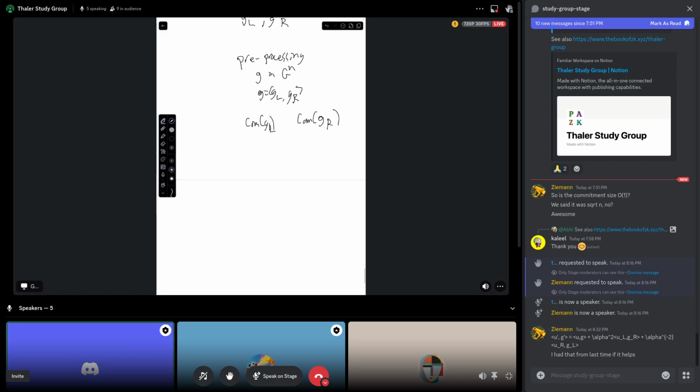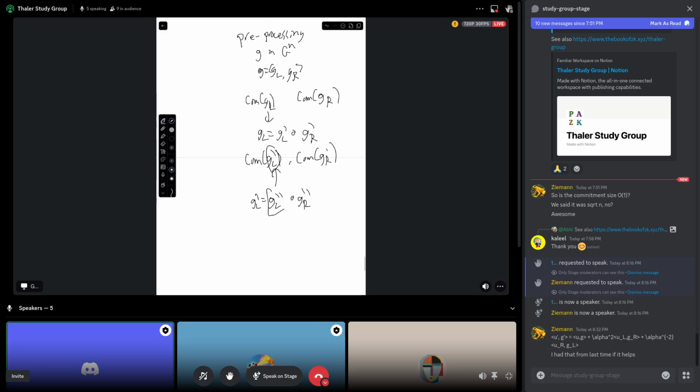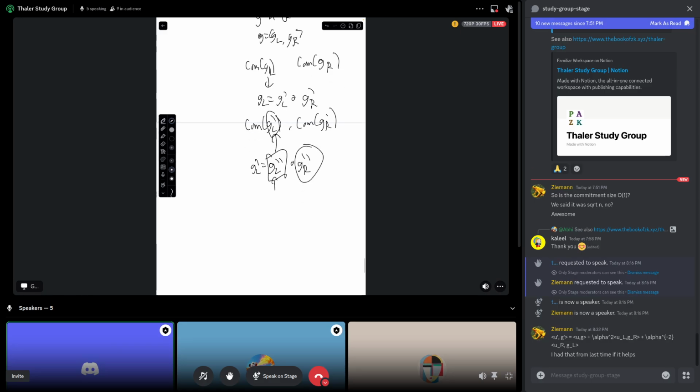Okay, and then separately we'll take GL and split that into 2 halves. Call it GL equals GL prime concatenated with GR prime, and we'll also commit to GL prime and GR prime, and then we'll take GL prime and split that into 2 halves, GL prime prime and GR prime prime, and commit to this thing and this thing, and then we'll split this into 2 halves.